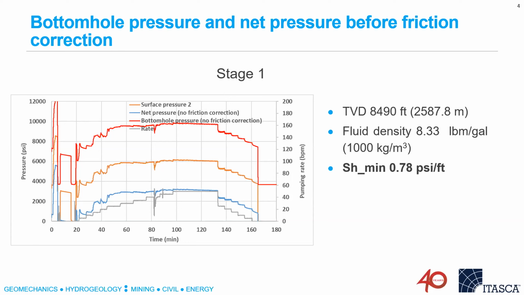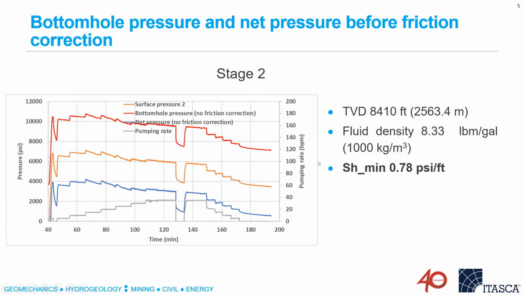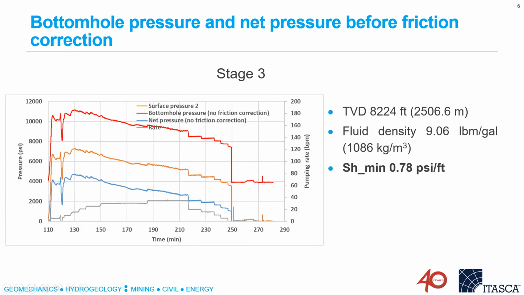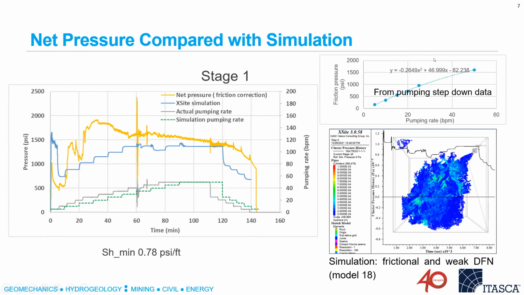This pipe friction for stage 1, and for stage 2 and stage 3 you have perforation friction. So we need to consider the friction. Then we get the net pressure. So stage 3. Okay, here. If you look at this upright figure, here's how I calculate friction.